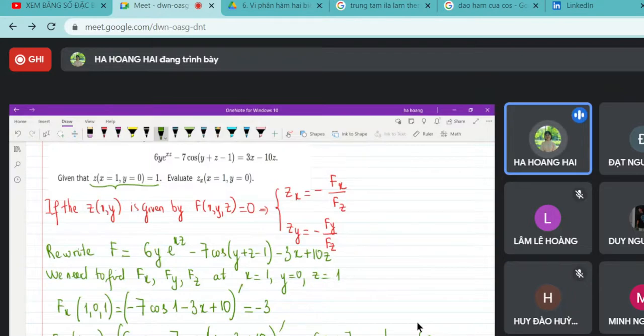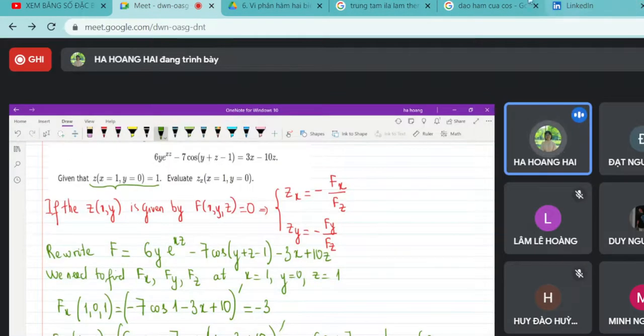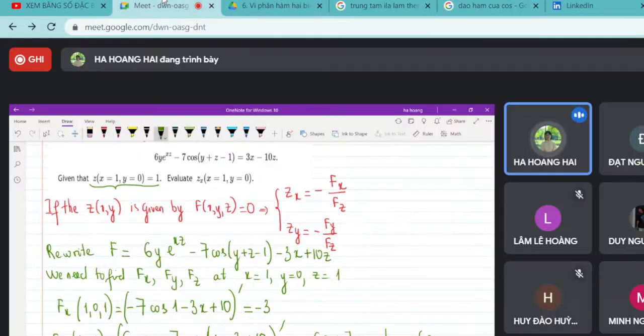We can also fix y and x, so it becomes 0 here. It is minus 7 cosine. We keep only z, and if we fix y at 0, we get cosine z minus 1, right?